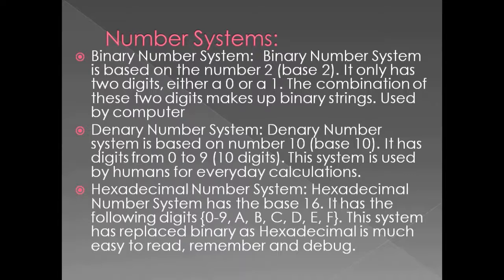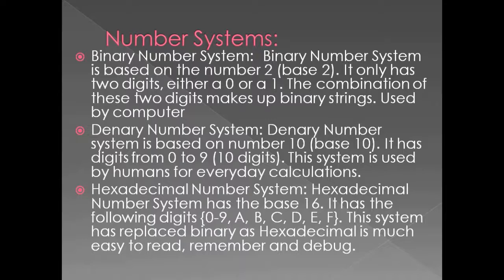So before we start with the conversion between the number systems, that is the major portion of the syllabus, let's first briefly discuss what these number systems are and where they are used, because sometimes the examiner asks these type of questions.